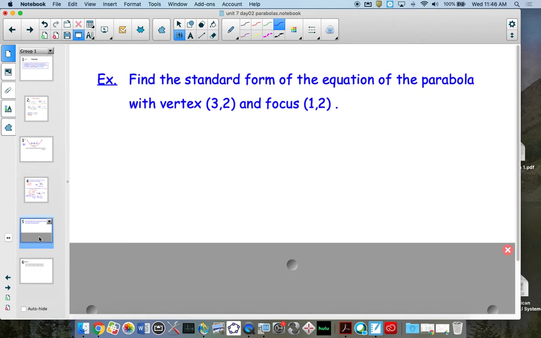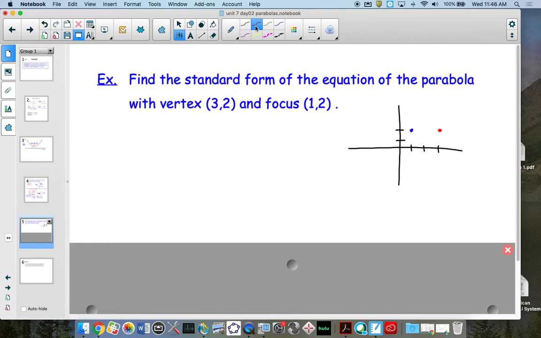Find the standard form of the equation of the parabola with a vertex there and a focus there. All right, so once again, let's go ahead and map this out. (3, 2), so that's our vertex. And then we have the focus at (1, 2), right there.